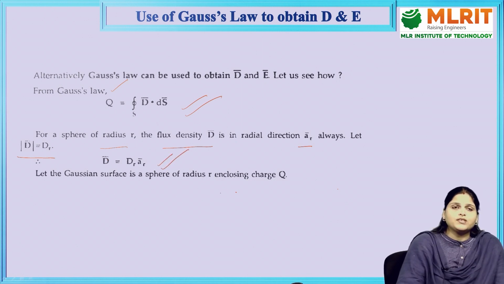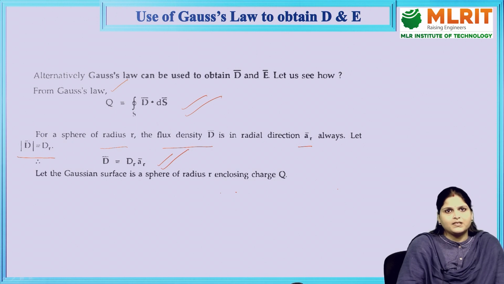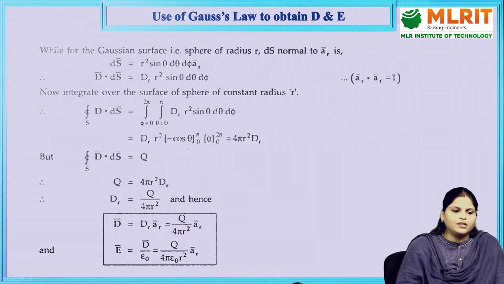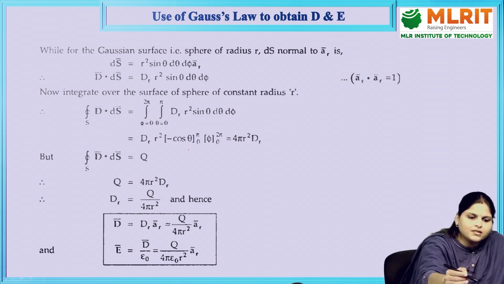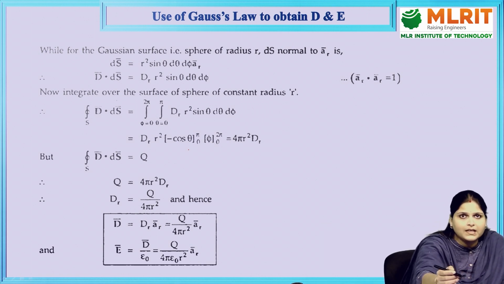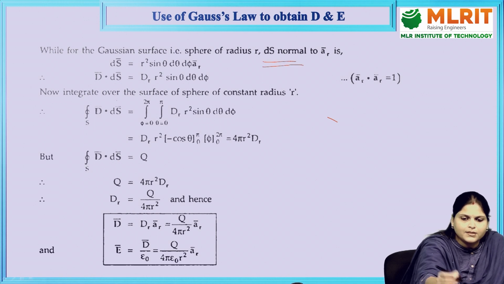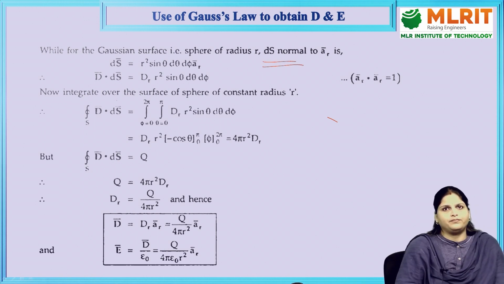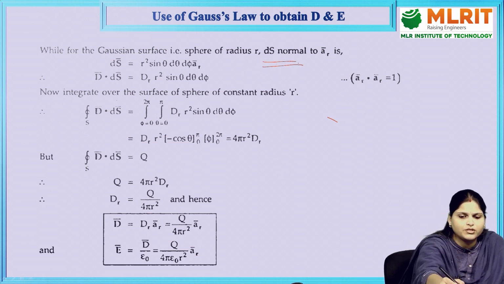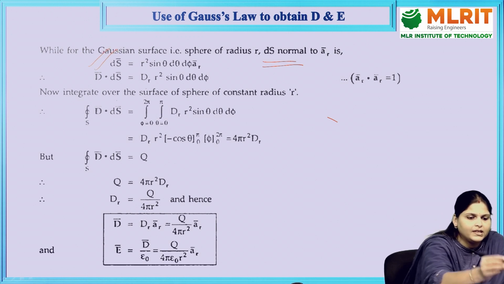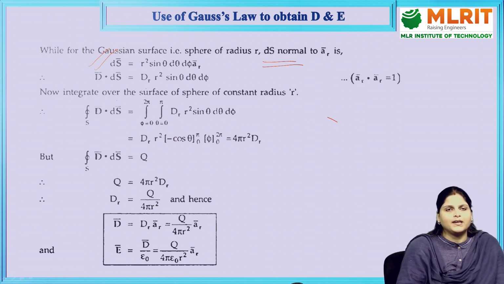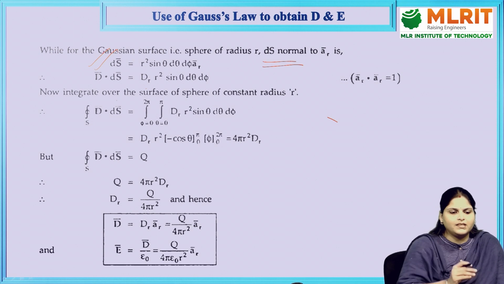And let the Gaussian surface be a sphere of radius r, which is enclosing charge Q. So for the Gaussian surface, dS is normal to the surface, along aR, given by dS is equal to r square sine theta d phi aR. This formula also we have seen in the previous derivation.